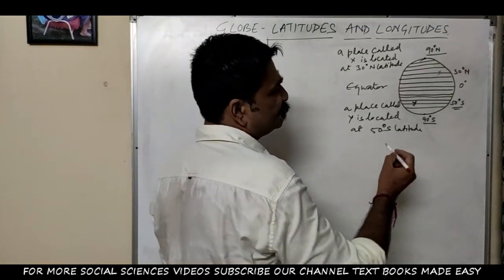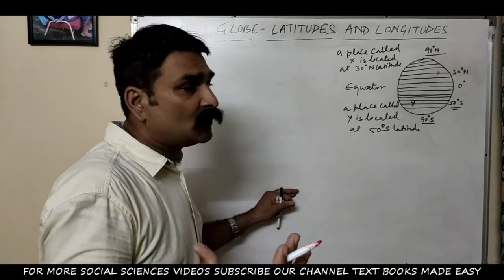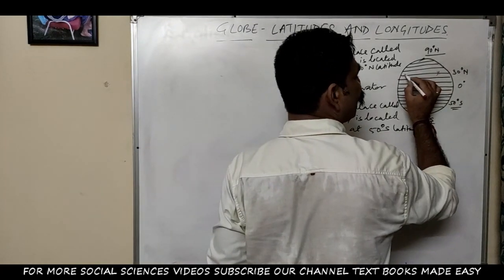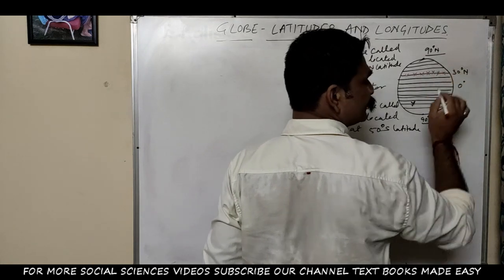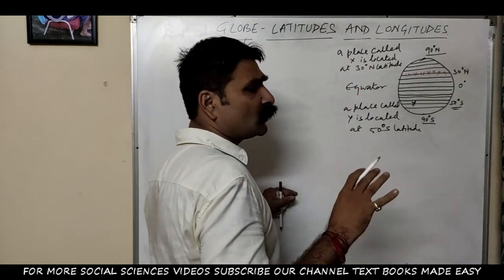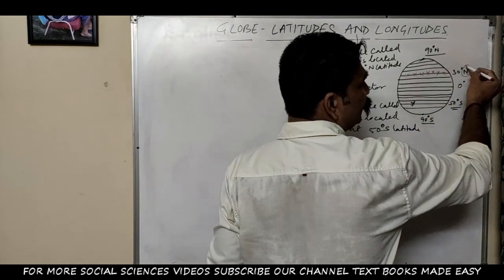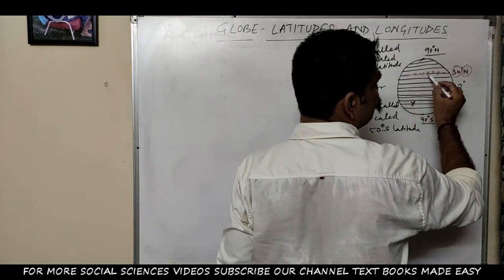Now see, we can know that this place is located anywhere here because this complete line is 30 degree. So now we know that somewhere in the northern hemisphere at 30 degree latitude this place is located.